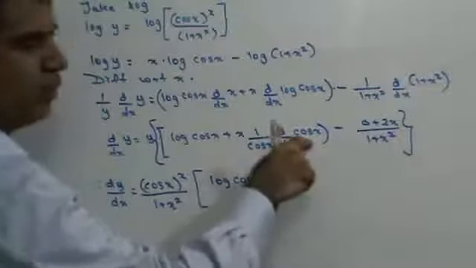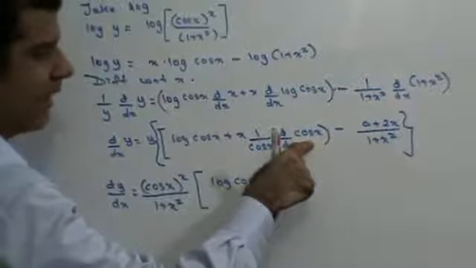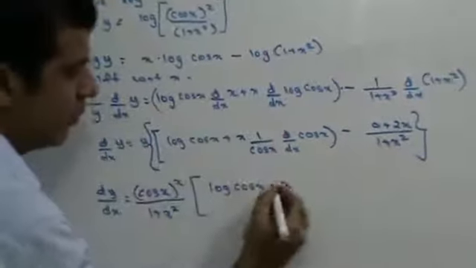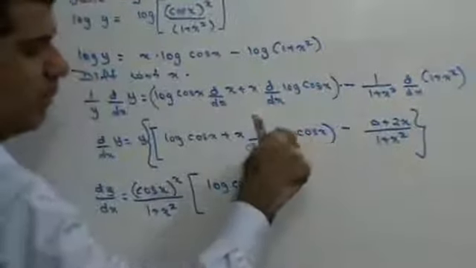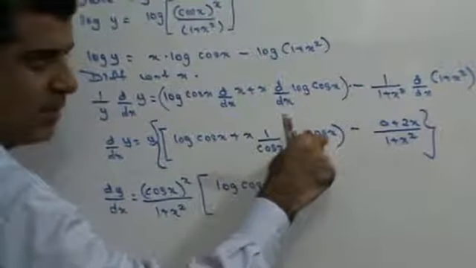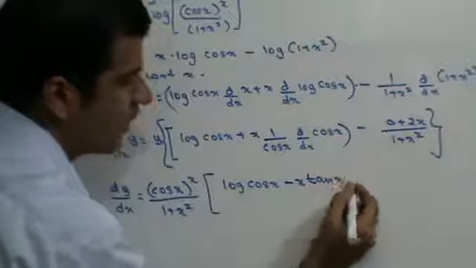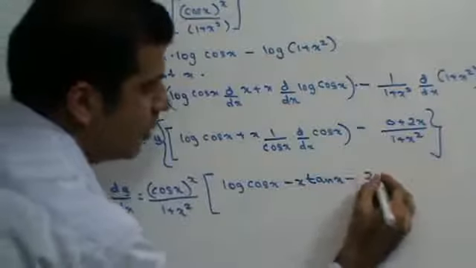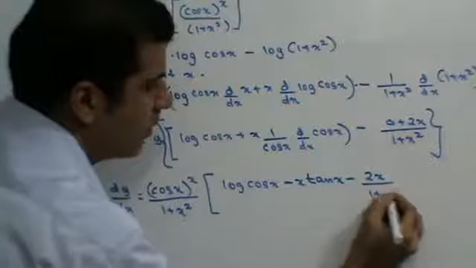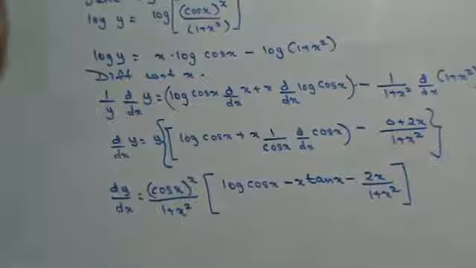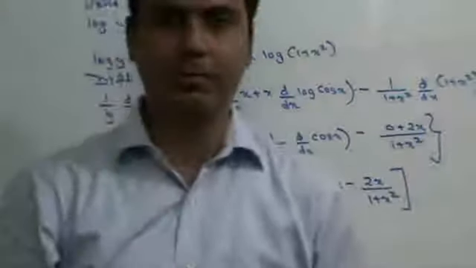Dy dx of cos x is minus sin x. That minus sign multiplies with this addition to give you minus. So sin upon cos is going to give you tan x minus 2x upon 1 plus x square. That is going to be your answer for this sum. This finishes your chapter. Thank you.